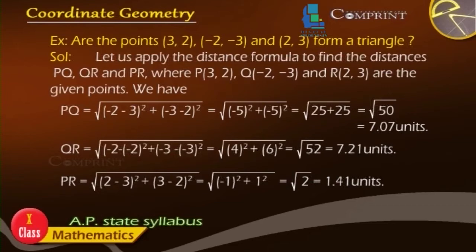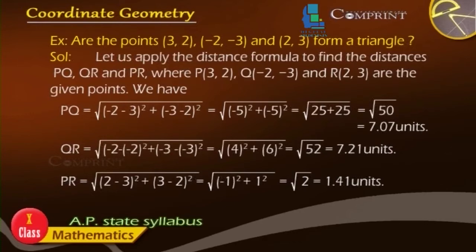7.07 units. QR is equal to the square root of (minus 2 minus minus 2) whole square plus (minus 3 minus of minus 3) whole square, which is equal to the square root of 4 whole square plus 6 whole square, which is equal to the square root of 52, which is equal to 7.21 units.